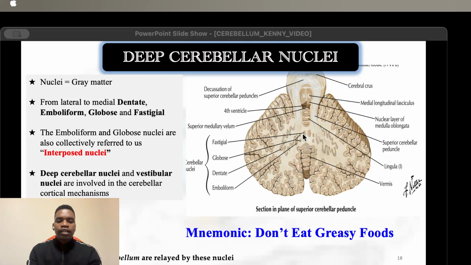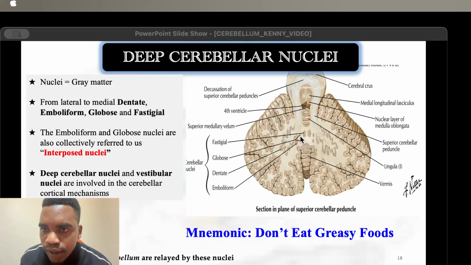So we've got a mnemonic here that says, "Do not eat greasy foods." It is a mnemonic for you to remember these deep cerebellar nuclei. And remember, they are from lateral to medial: the dentate nucleus, emboliform nucleus, globose nucleus, and fastigial nucleus.